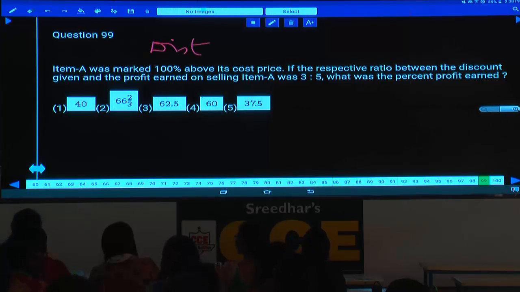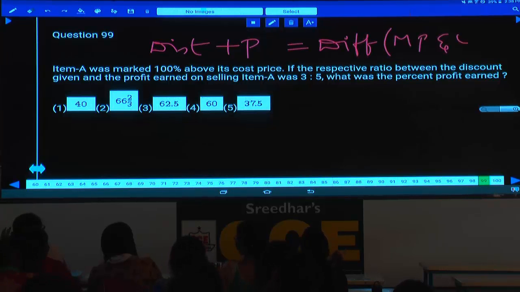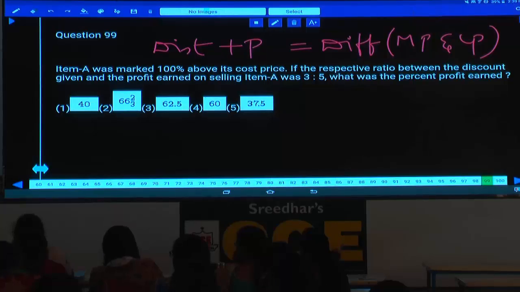Discount given and profit, is that equal to the difference between market price and cost price? I am purchasing it for some rupees but marking it as some other rupee.